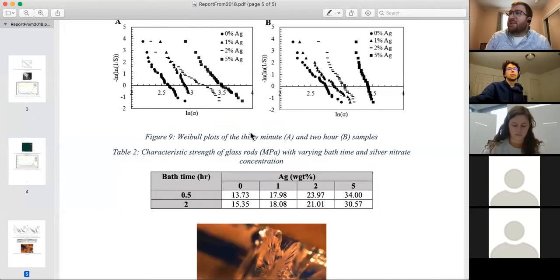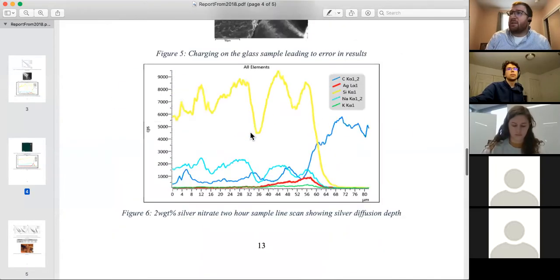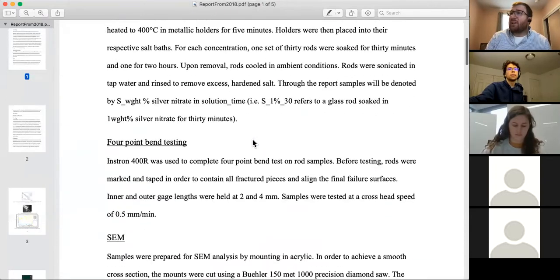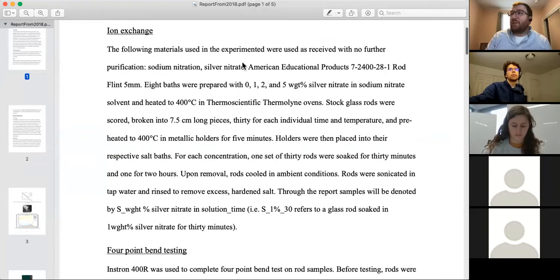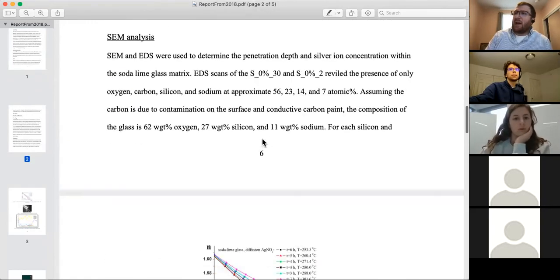All right, so this is the 2018, and if we go up to the procedure, it is the 400, and it has the varying amounts of silver. So this is the 0125 one I told you about, and it's in sodium. So let's go see what that looks like.